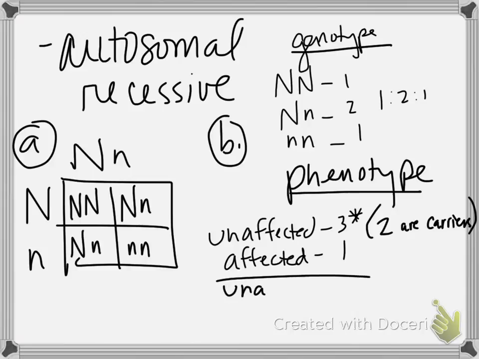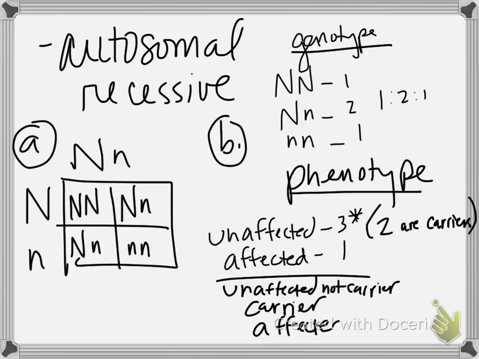And so I had a few people, especially in the other class, who wrote unaffected. They did it like this. Unaffected, not carrier. Sorry, my writing is bad here. Carrier and affected. So they basically broke it down into 3 different phenotypes. If we're talking about curly hair or freckles, we don't care if you're a carrier for the gene.